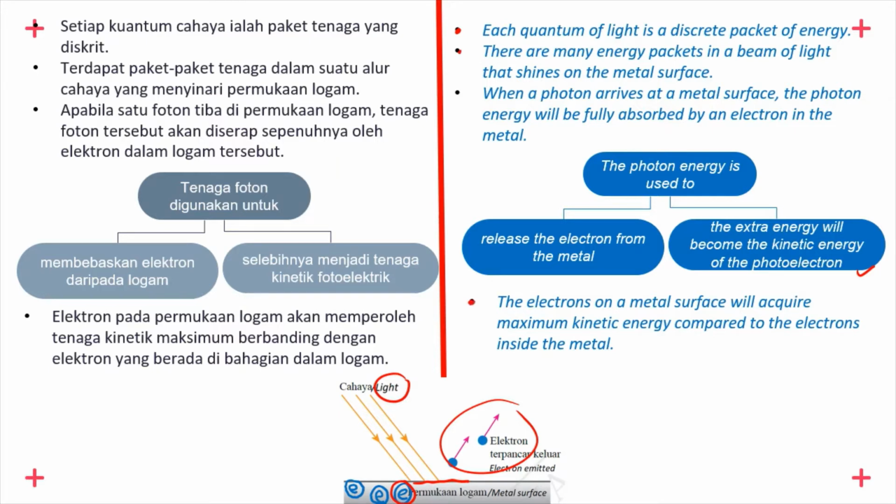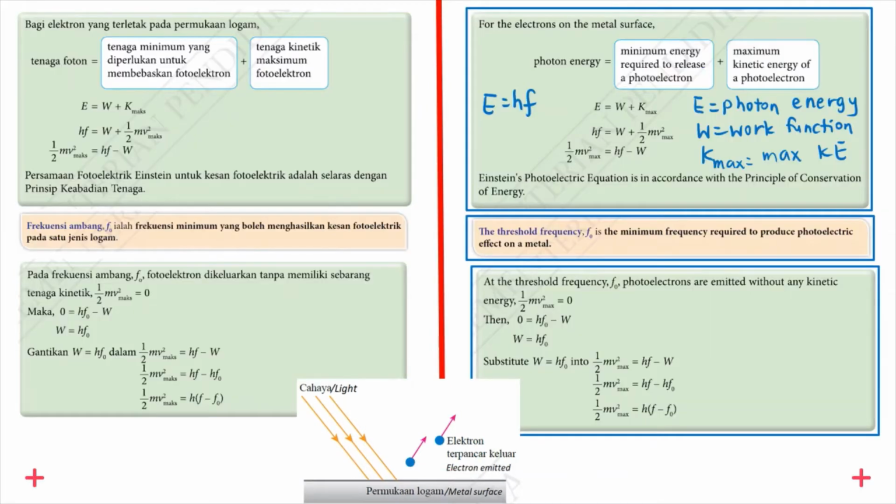The electrons on the metal surface will acquire maximum kinetic energy compared to the electrons inside the metal. For the electrons on the metal surface, after absorbing the photon energy, only minimum energy is required to release a photoelectron. Thus, for the electrons on the metal surface, it acquired maximum kinetic energy.